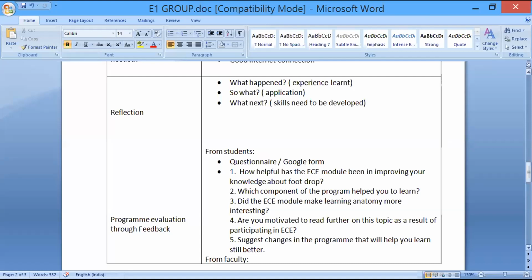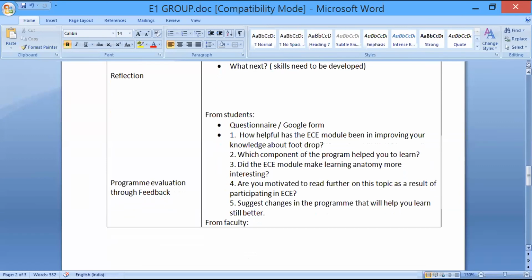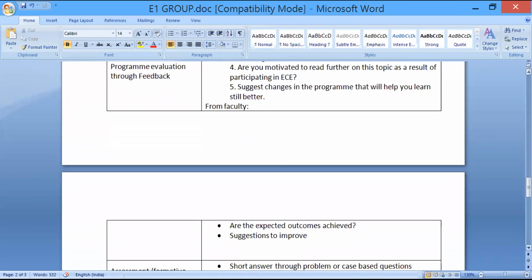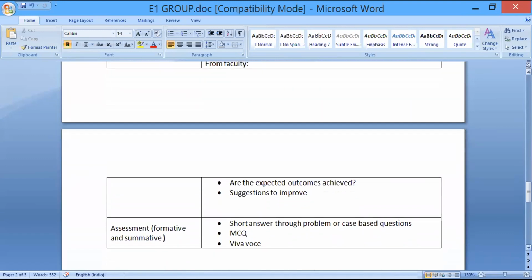Are you motivated to read further on this topic as a result of participating in ECE? And suggest changes in the program that will help you to learn still better. And the feedback from the faculty: were the expected outcomes achieved, and give suggestions to improve the ECE module further.